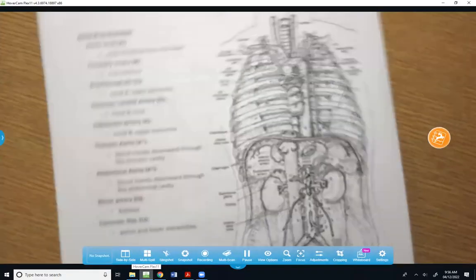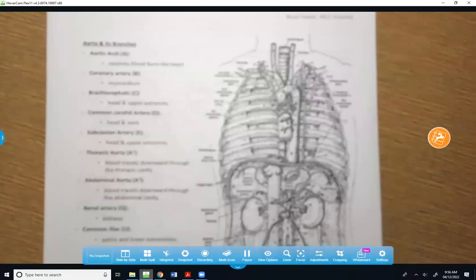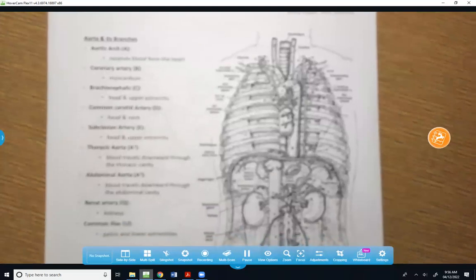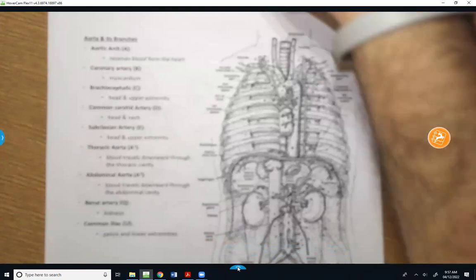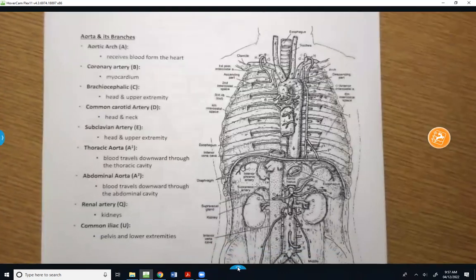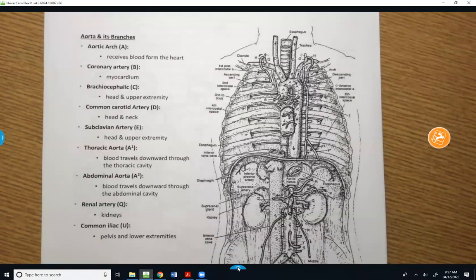Okay, so what I've done here is I'm going to start with the aorta, and that's a blood vessel we've talked about before. And we're going to identify its major branches. If it will focus, that would help tremendously. There we go. As we saw in our last lecture, the aorta has some different distinctive parts.